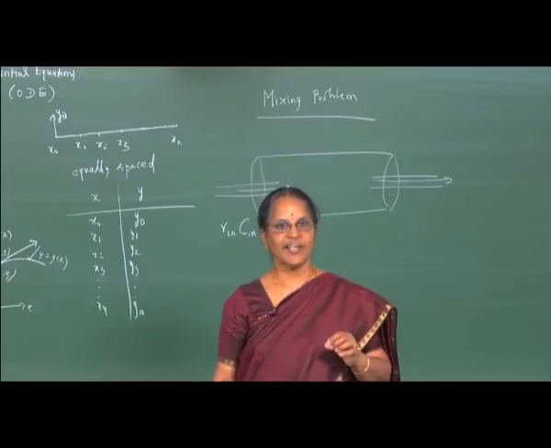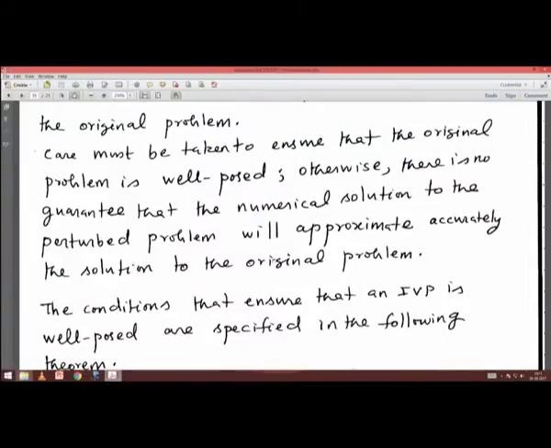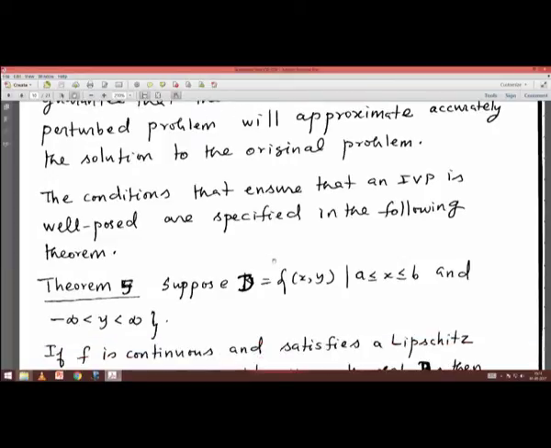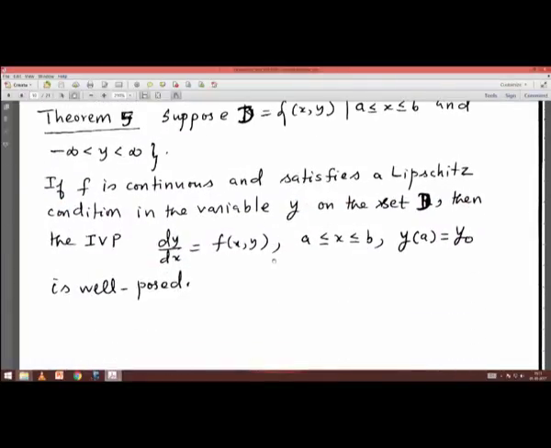Otherwise, we cannot guarantee that the numerical solution that we get by solving the perturbed problem will give us a solution which represents realistically the solution of the original problem. So, the conditions that show that the initial value problem is well posed are specified in the following theorem. So, let us see what the result is.